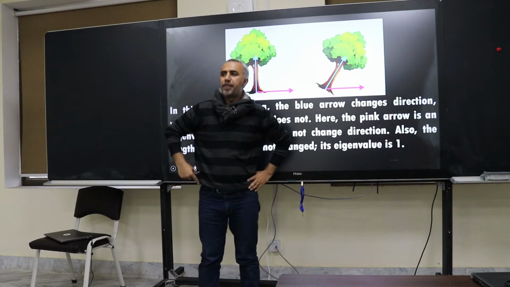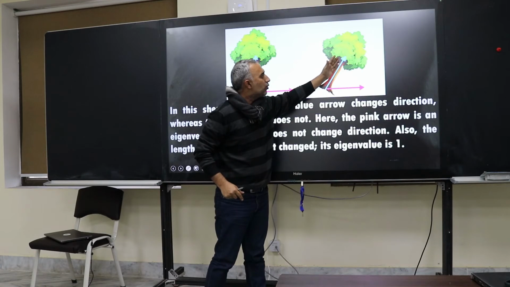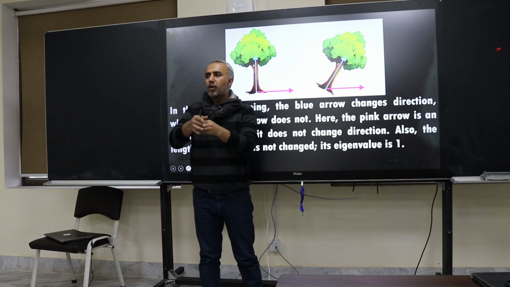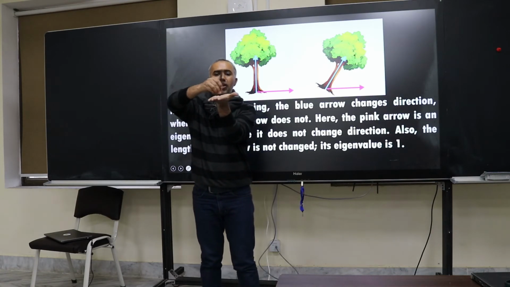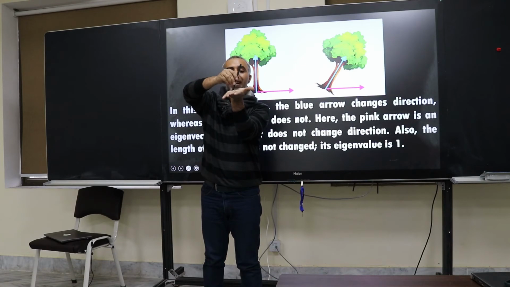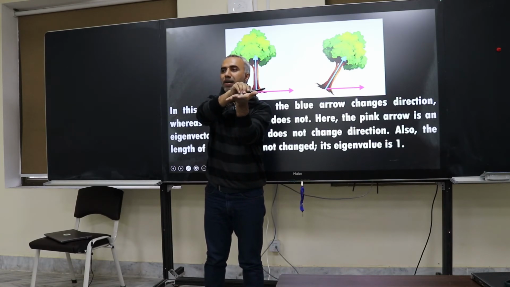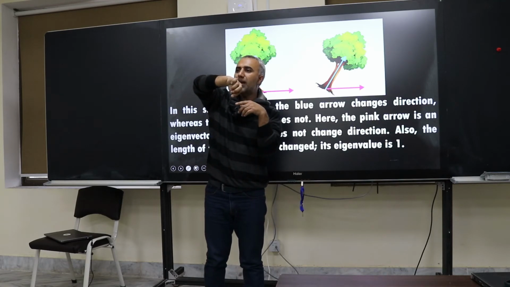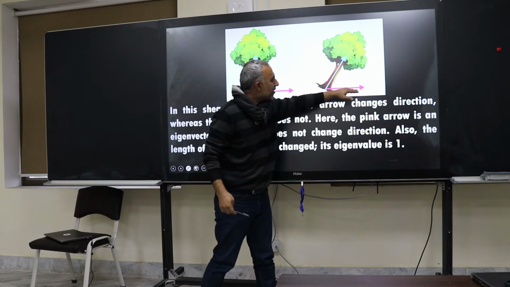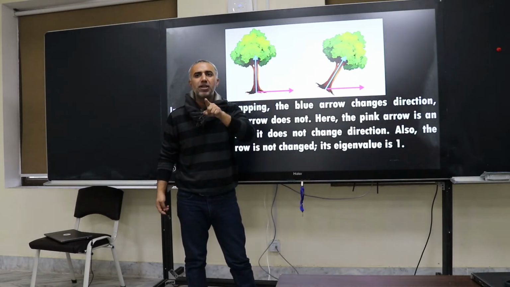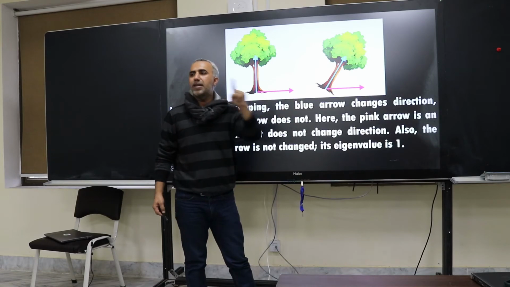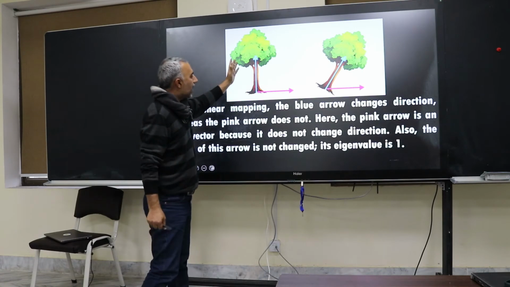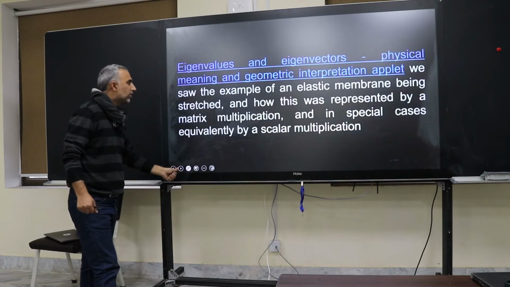If there is no ground and you rotate this in the air, will it be affected? No. But if there is a ground, then it will touch somewhere on my palm. Are you getting my point? If there is no palm or ground, it is again in the air. So if there is some ground, one axis is fixed and another is changing. The fixed one is known as the eigenvector, which keeps its characteristic. The other vector is not an eigenvector. Constant vector, yes, you can say.